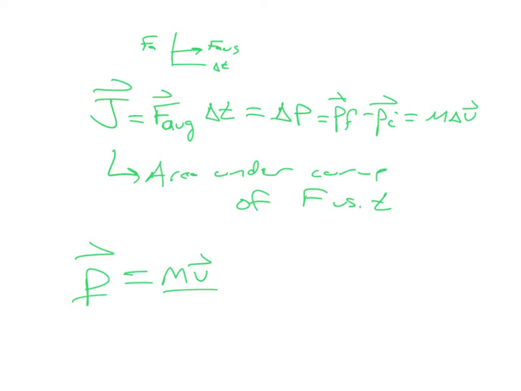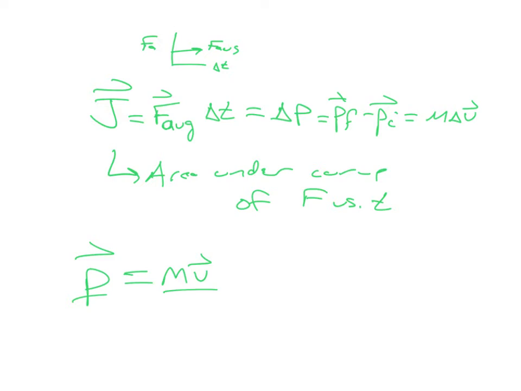So if you see a force versus time graph, we know that it's impulse. If we see a force versus displacement graph, we know that it is conservation of energy. So a couple quick things there.